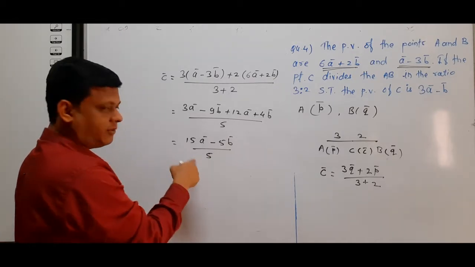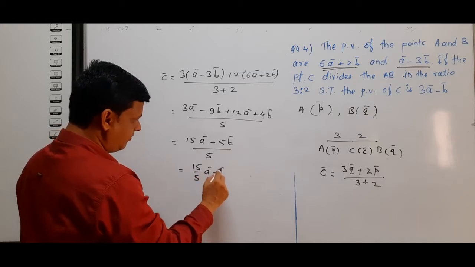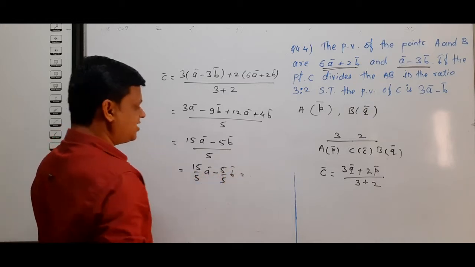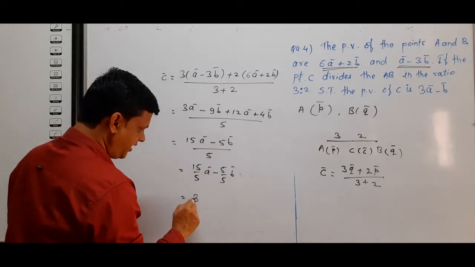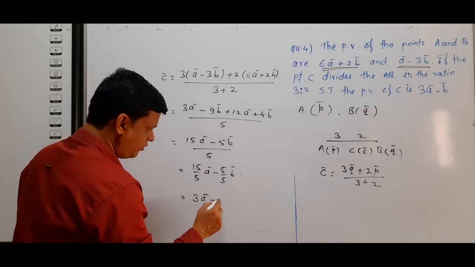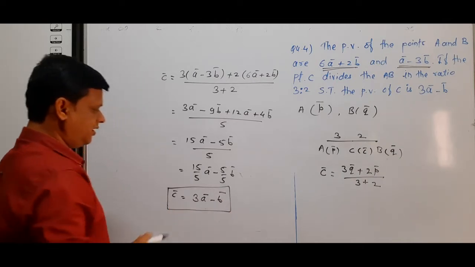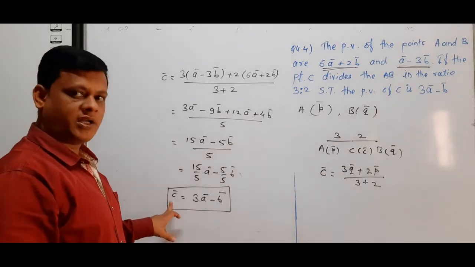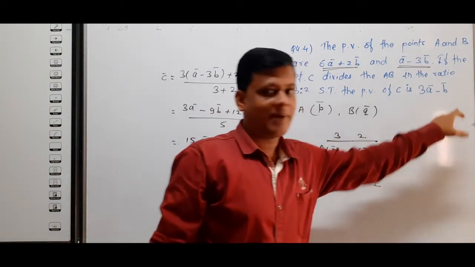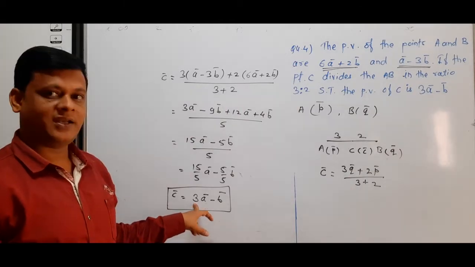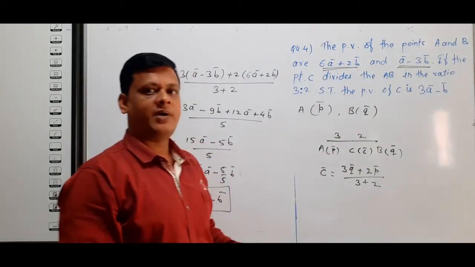So after separating the terms, we write here 15 by 5 a bar minus 5 by 5 b bar, that is equal to 5 3s are 15, so we write here 3a bar minus 5 1s are 5, so we write b bar. So this is what we have to show. See, the value of vector C calculated is equal to the value that we have to show, that is 3a bar minus b bar. So the position vector of C is 3a bar minus b bar.